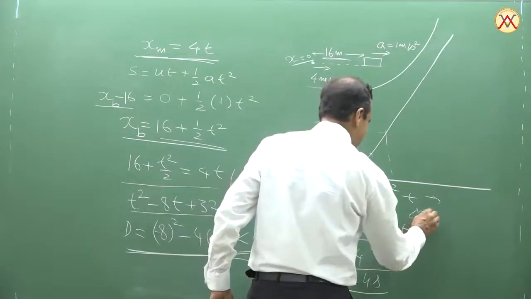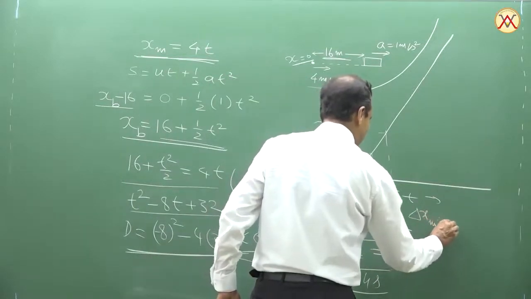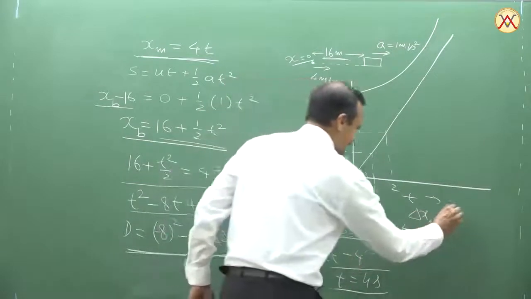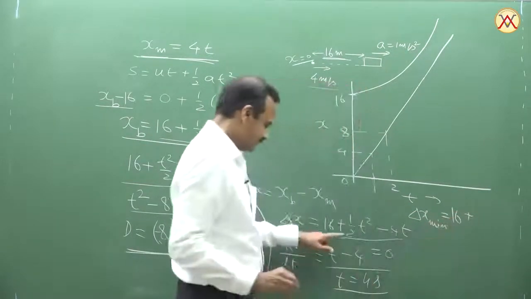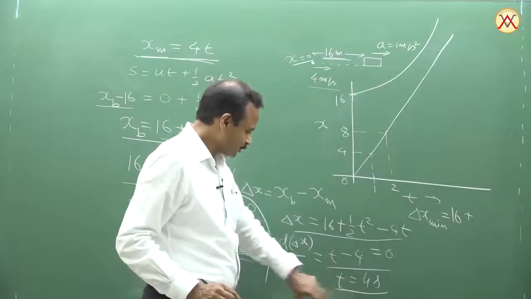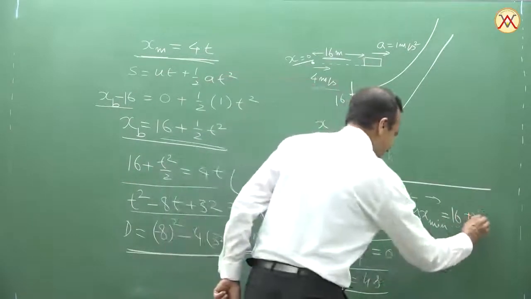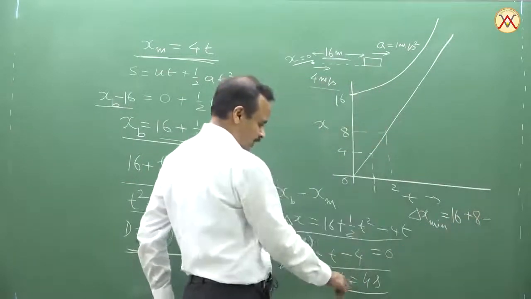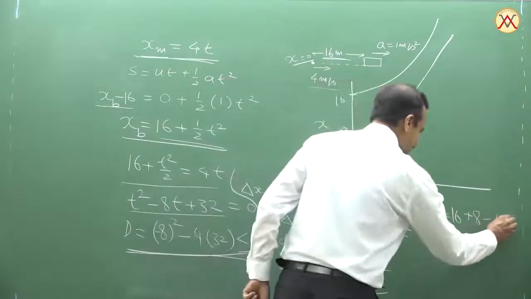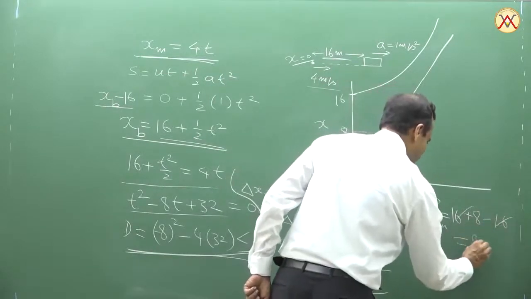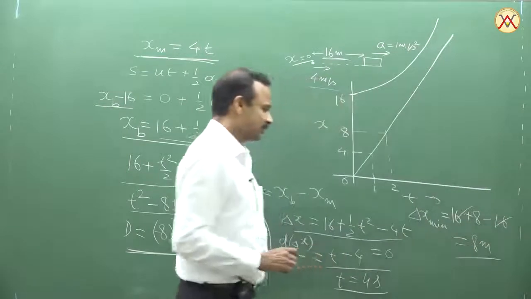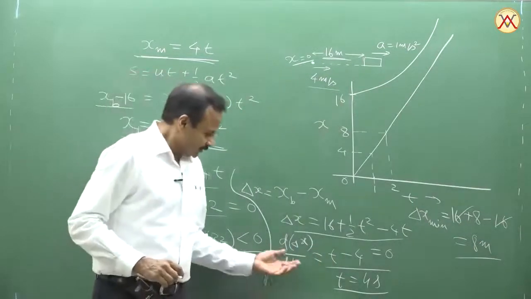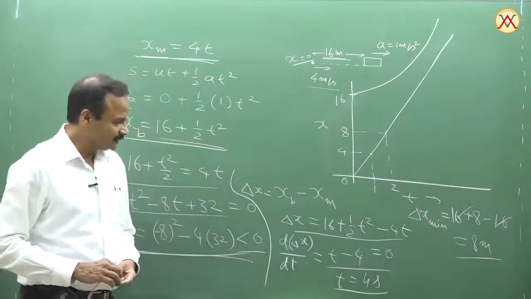So delta x minimum will be 16 plus t square by 2, 4 squared by 2 is 8, minus 4t, which is 16. So the minimum separation is 8 meters. So this was using maxima and minima.